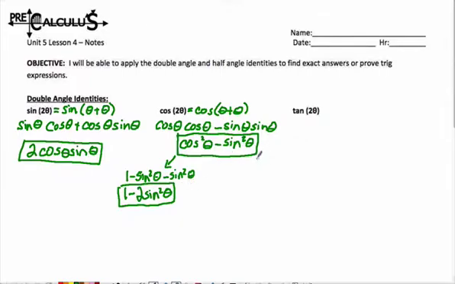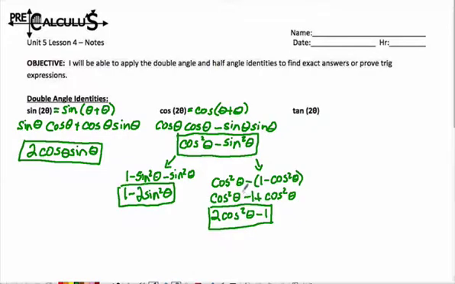I can take out the sine squared and put in 1 minus cosine squared theta. And this time I put in parentheses to make sure that I take care of this negative correctly. It's not just going to be minus 1 minus cosine squared. I have to actually distribute that. So it changes the sign on the cosine squared theta, the second one. There we go. So I distribute the negative, and then I combine my like terms.